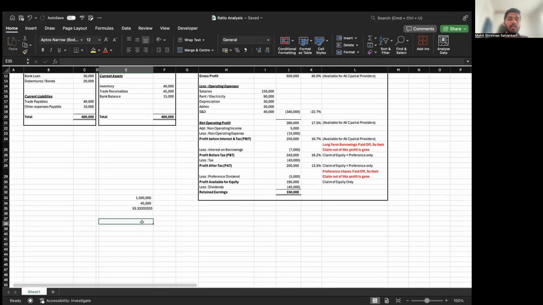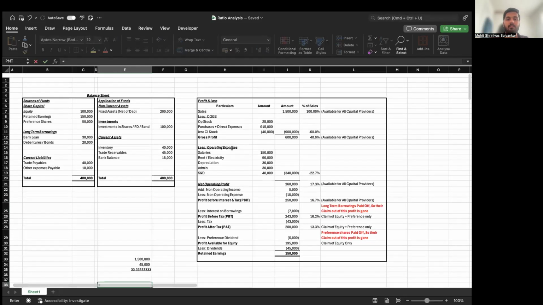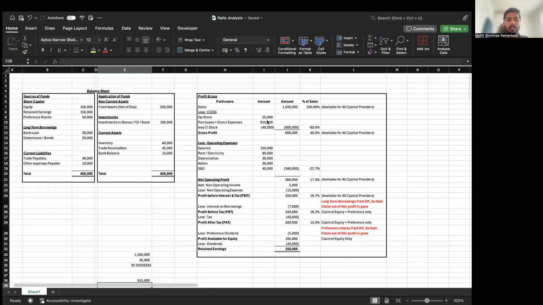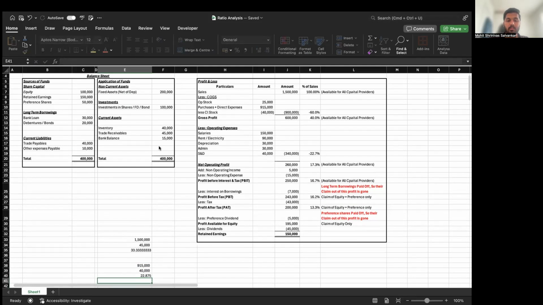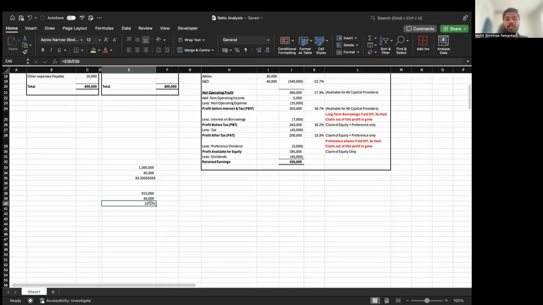receivables. Similarly, for payables, if this is the purchases and these are the payables, if I divide this by this, we get 22.8 times.